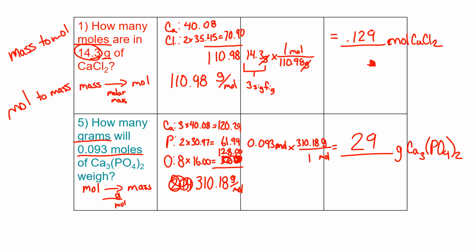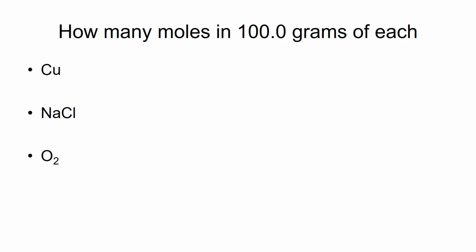Notice that I always set it up so that I can get rid of whatever unit I'm in and go to the unit I'm trying to go to. Now, what I'd like for you to do is, if we assume that I have 100 grams of each of these things, I want you to go ahead and solve these based off of 100 grams of each.